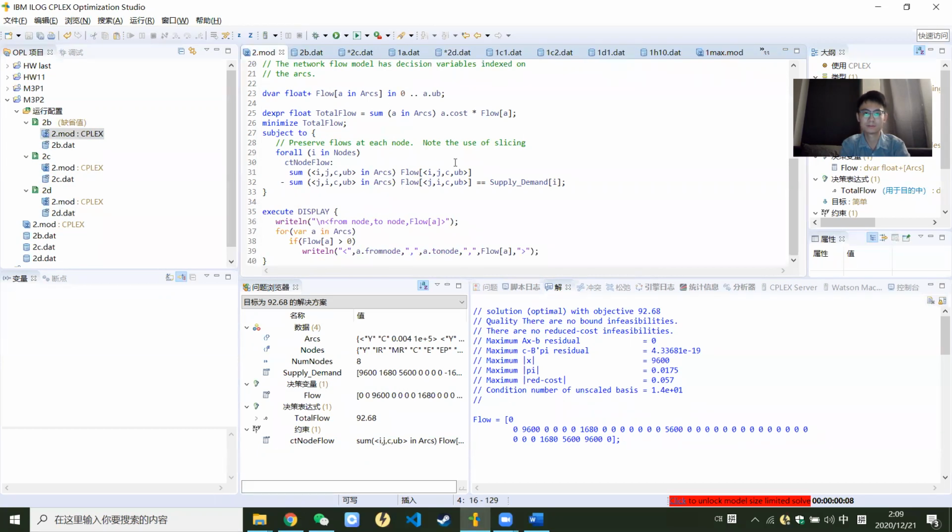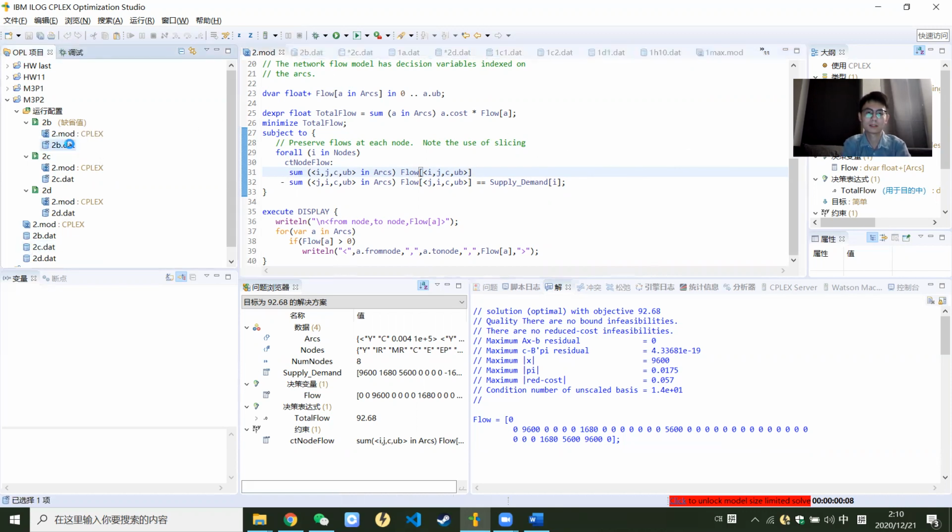We first want to minimize the total flow, and then we sum all the arcs, and the arcs should satisfy the supply and the demand amount, and they should also be subject to their upper bound.